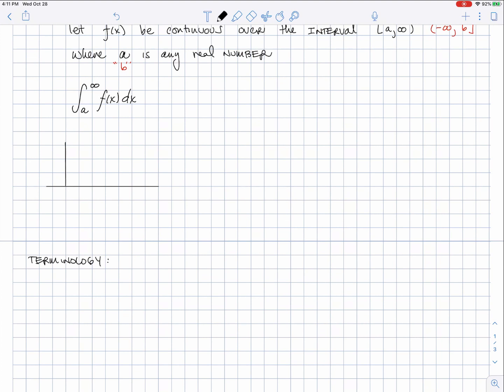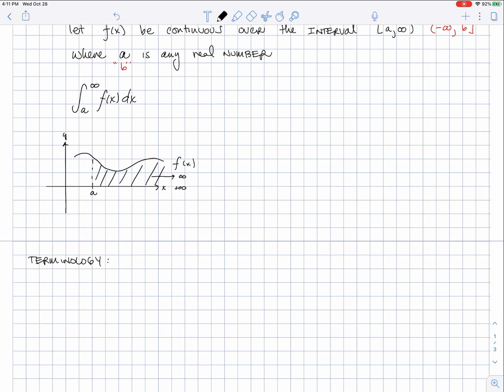If this is the x-axis and the y-axis, and here's a, and positive infinity is way at the end, and we have this function f of x, what we're really talking about is how much area is underneath that curve all the way out to infinity. Your gut reaction might be an infinite amount of area. But as we're going to see, that's not always necessarily true.